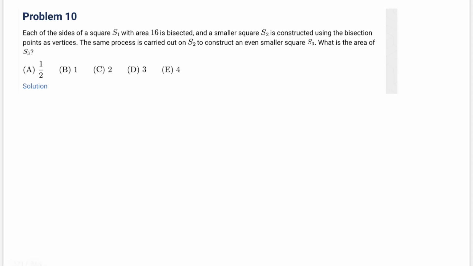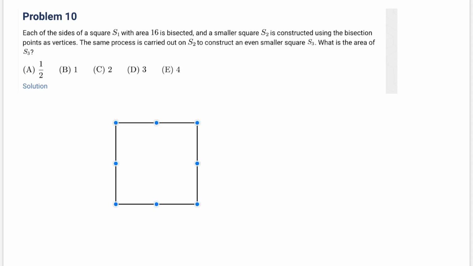Problem number 10, each of the sides of a square S1 with area 16 is bisected, and a smaller square S2 is constructed using the bisection points as vertices. Okay, so what we're talking about here is that we have a square, and it's bisected, right?